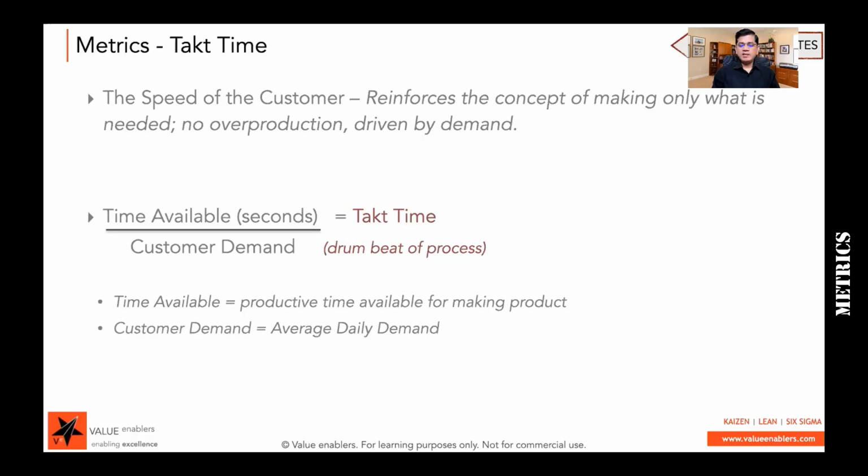And customer demand, it is easy to say average daily demand. It is easy to say, but it is very challenging to calculate in terms of the type of the product and the seasonality of the product. When I talk about type of the product, there are primarily two types of products, made to order and made to stock.